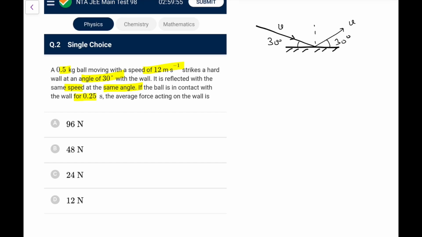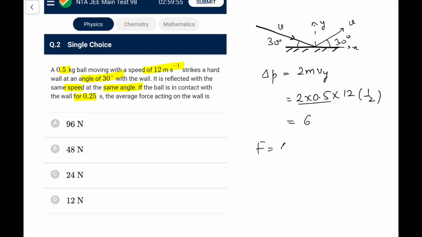Let's take the x-axis and y-axis. The x component won't change, only the y component will change. So the magnitude of delta p would be 2m into vy. That is 2 into 0.5, and vy would be 12 sine 30. Sine 30 is 1 by 2, so 12 by 2, that is 6. So momentum change is 6.